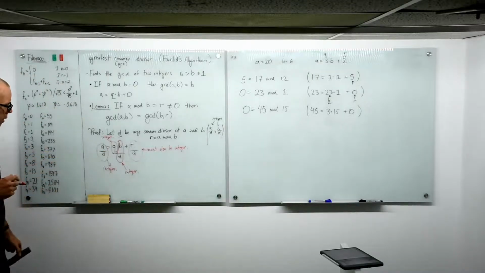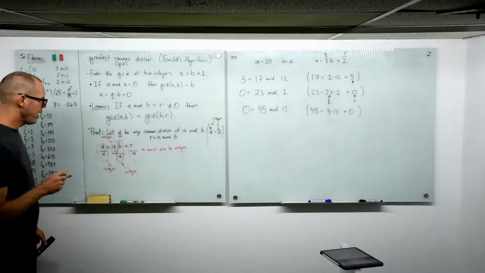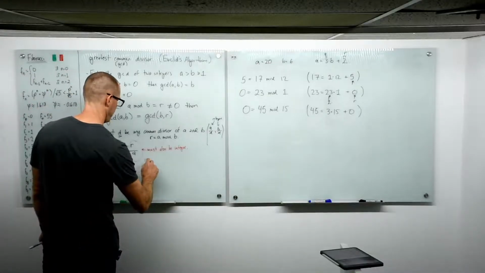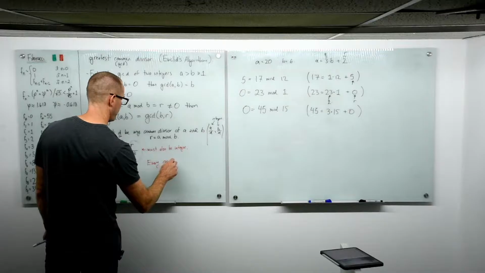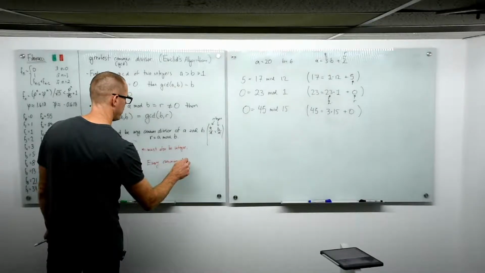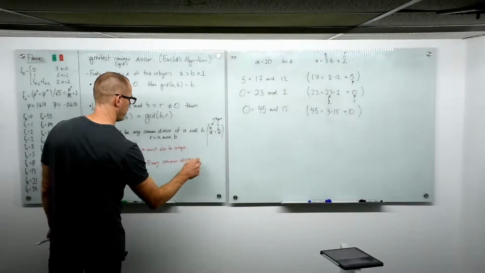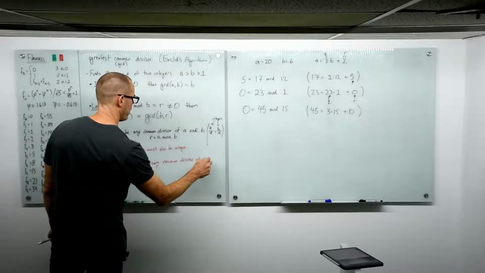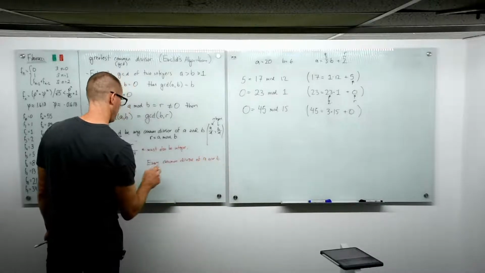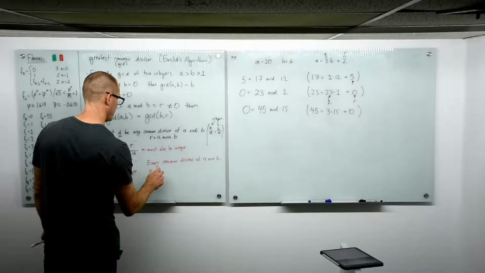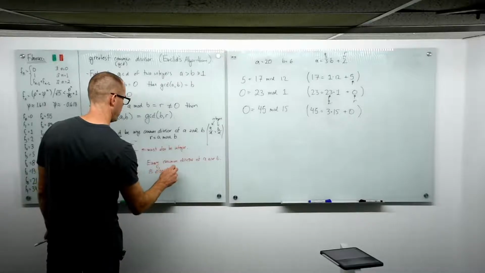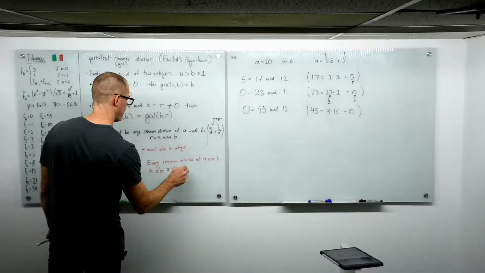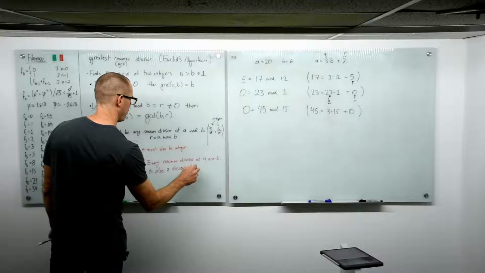So what this means is that every common divisor of A and B is also a divisor of R.